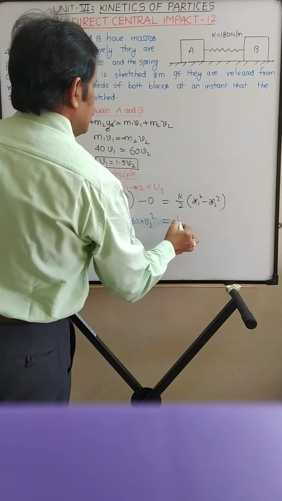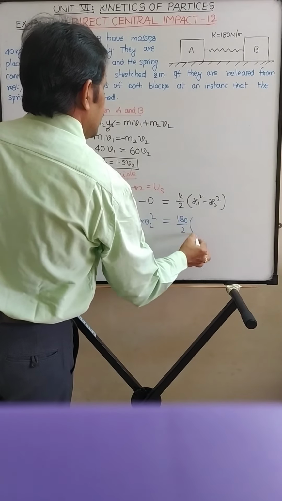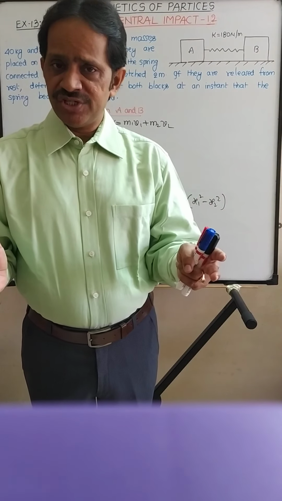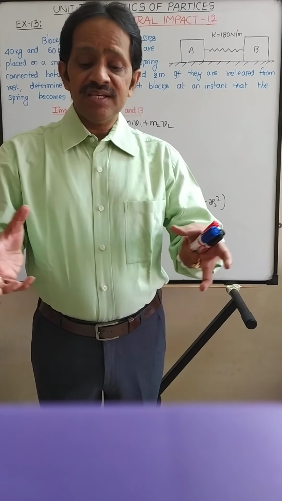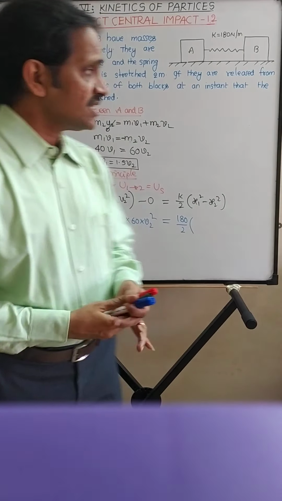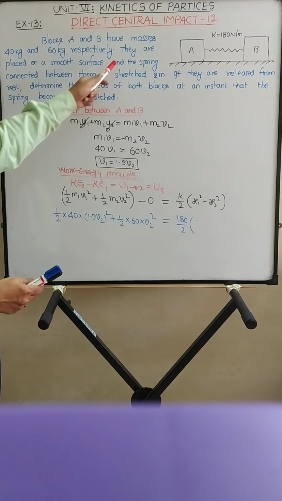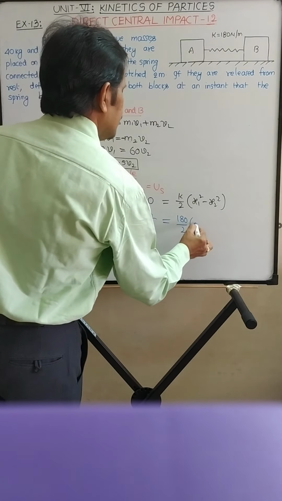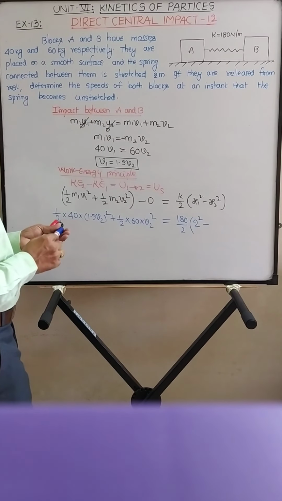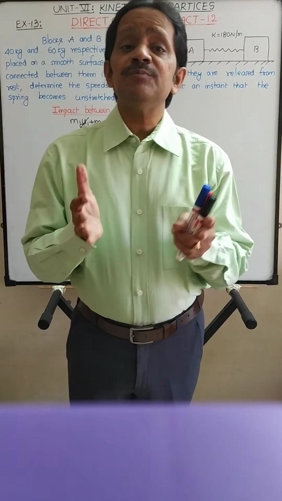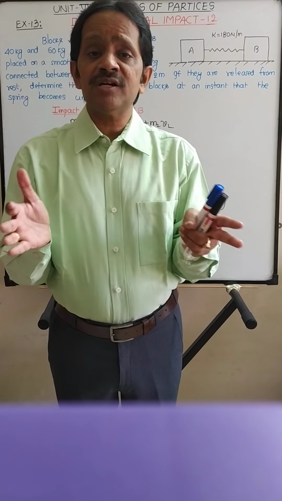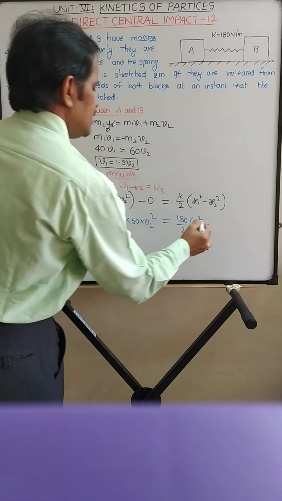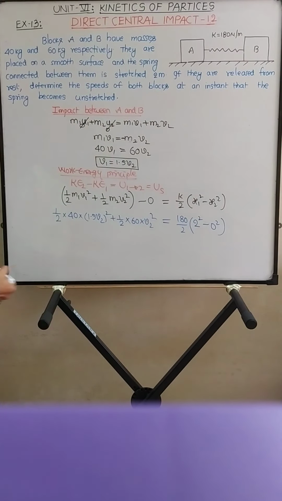K is 180 Newton per meter. 180 by 2 into x1. What is the meaning of x1? Deformation of the spring in the first position. In the first position, the spring is stretched by 2 meters. It is given, right? The spring connected between them is stretched 2 meters. So x1 is 2 meters, 2 square. Minus what is x2? Deformation of the spring in the second position, final position. Means when the spring becomes unstretched, that means deformation is 0. So it is minus 0 square.